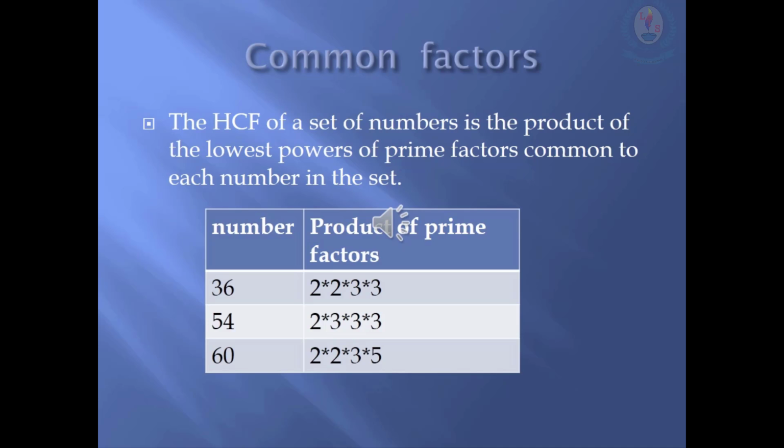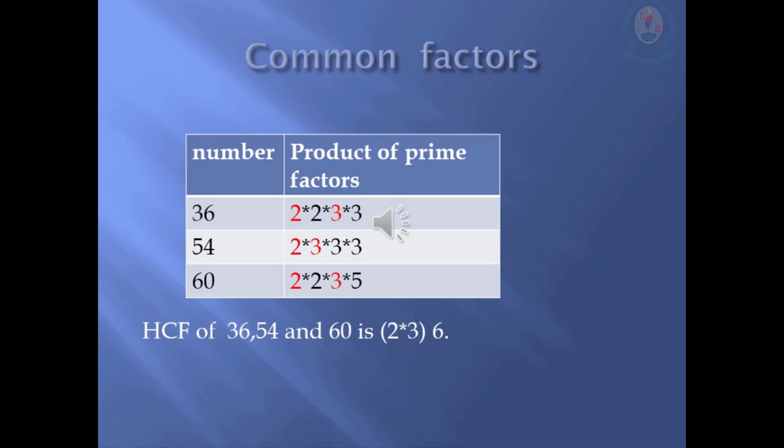Here I have taken 36, 54 and 60 as well as I wrote them as the products of prime factors. 2 and 3 are common factors of these numbers. Therefore, we can take 2 and 3. The multiplication of 2 and 3 is the highest common factor of 36, 54 and 60.